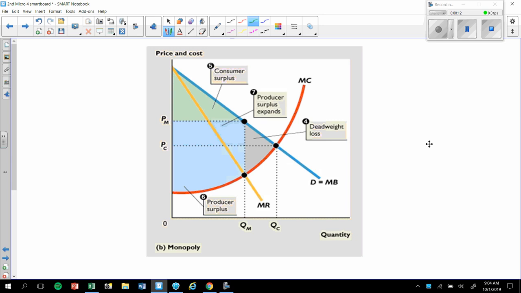Okay, if we put it all together, this is a chart that someone else has drawn for me, and this is kind of fancy.